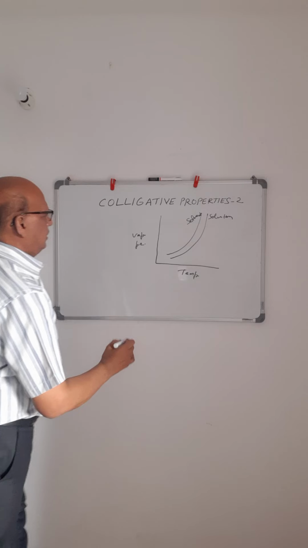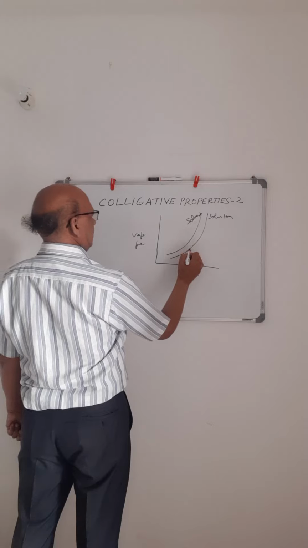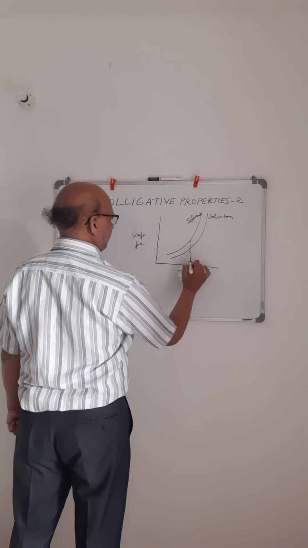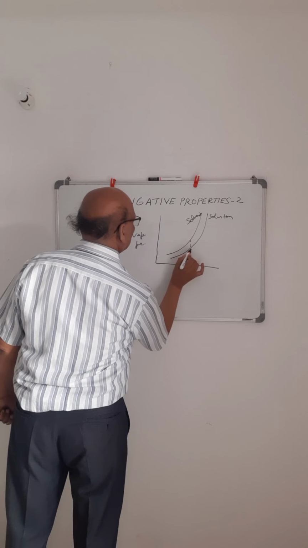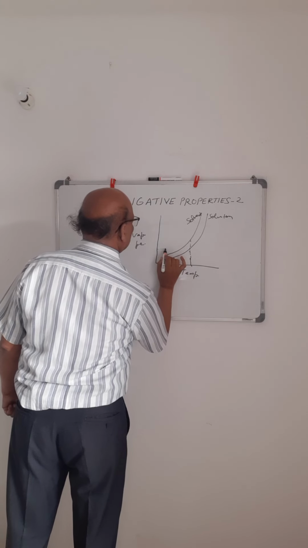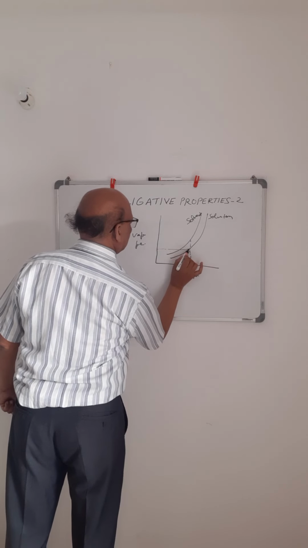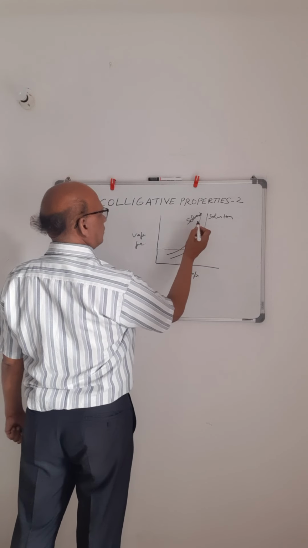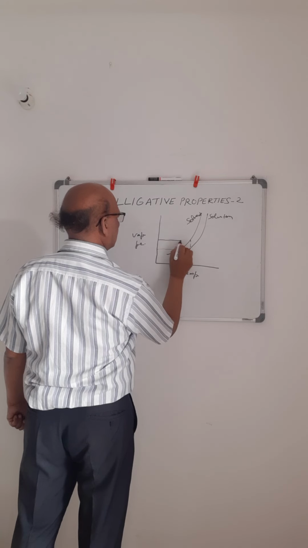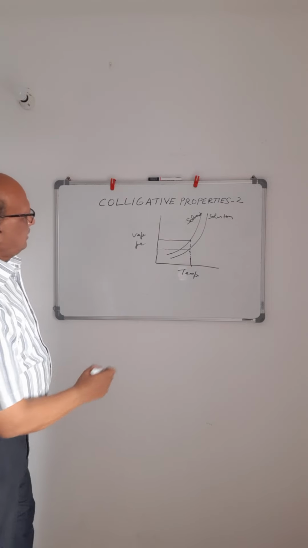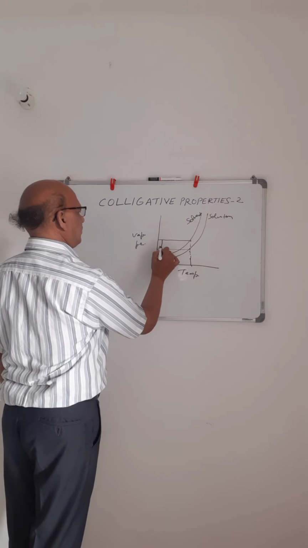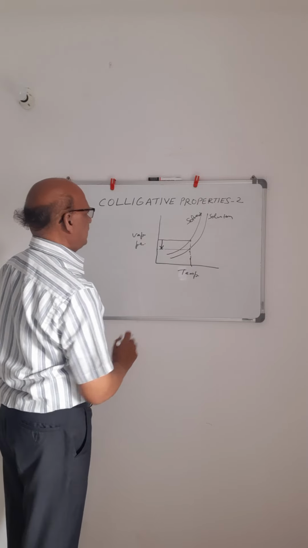Now you see, at a given temperature, what is the vapor pressure of the solution? It is this one, and what is the vapor pressure of the solvent? That is this one. So we can see that the solution vapor pressure is less as compared to that of pure solvent.